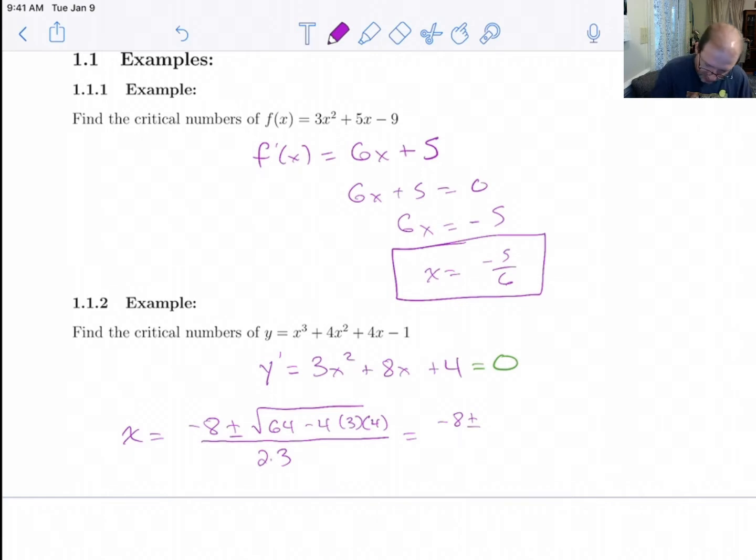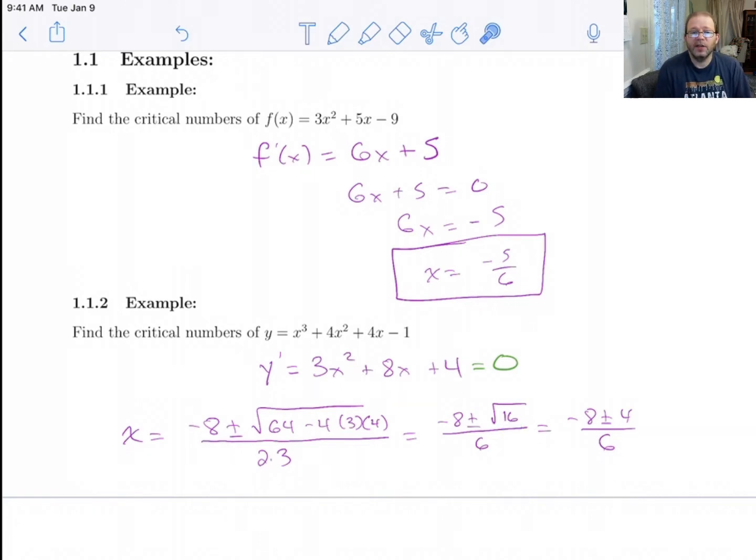Oh wow, that's surprising. Plus or minus the square root of 16 over 6. So it's negative 8 plus or minus 4 over 6. I said that was surprising. I didn't expect this discriminant to turn out to be a perfect square.